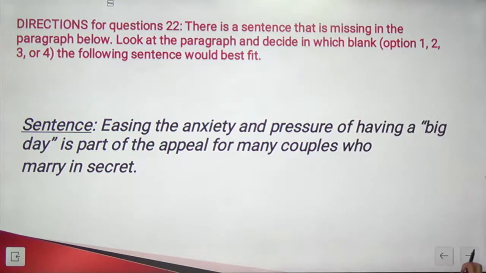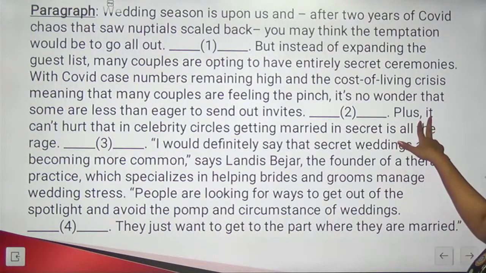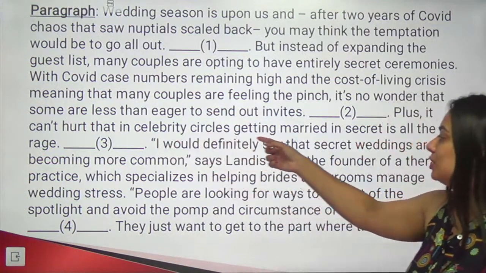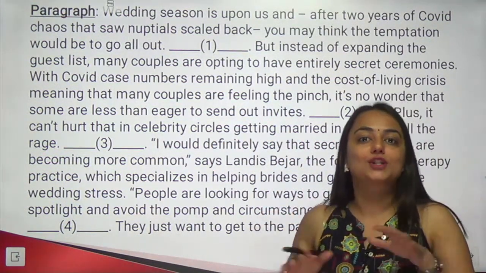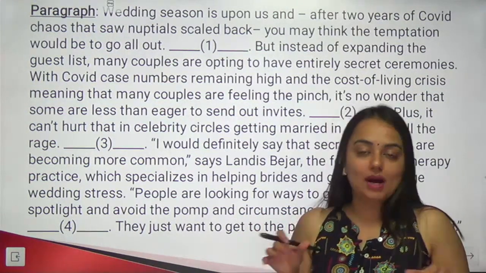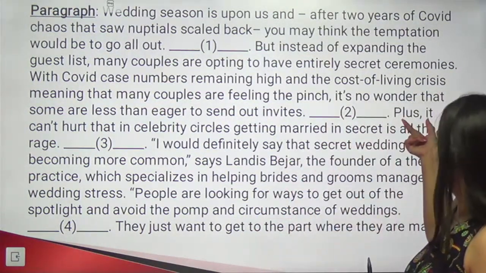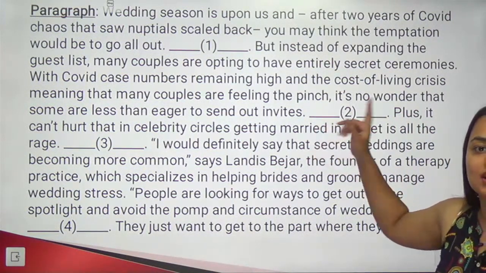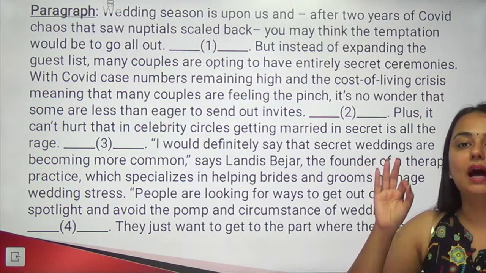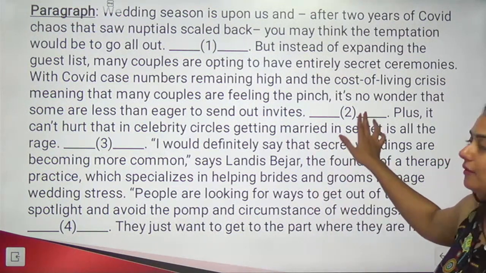Another reason is, plus it can't hurt that in celebrity circles getting married in secret is all the rage. So it's fashionable also. And plus is a key word here which tells us something should come before this. So the right answer should be blank 2. The answer will fit perfectly here.